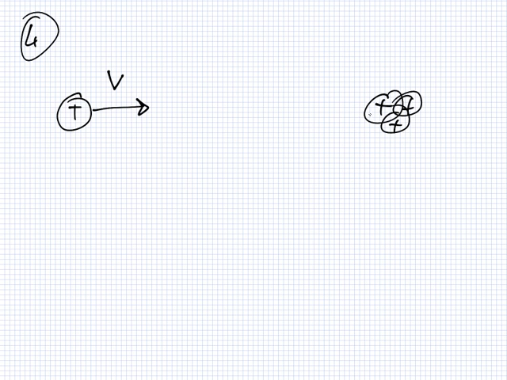So what I meant to say was you have 3 protons here and 1 proton here, and this is fired with v towards this one. Now what will happen as it gets closer to it? Because this is quite heavy compared to this, these will not really move.